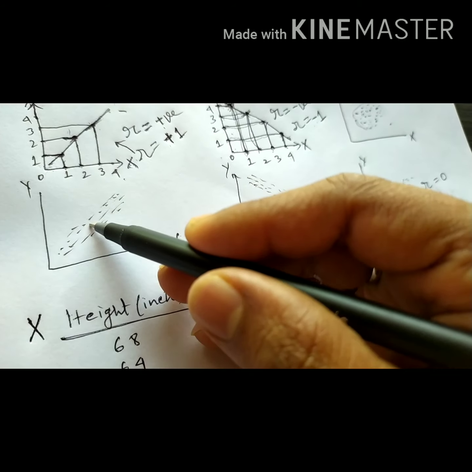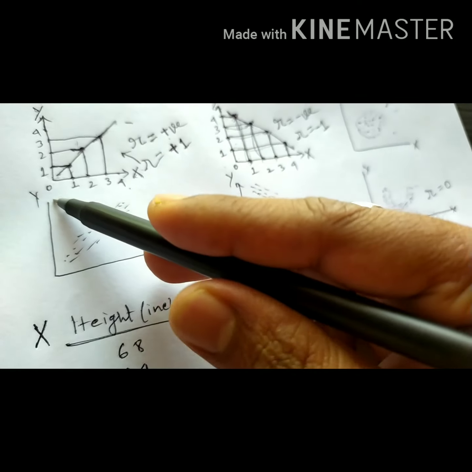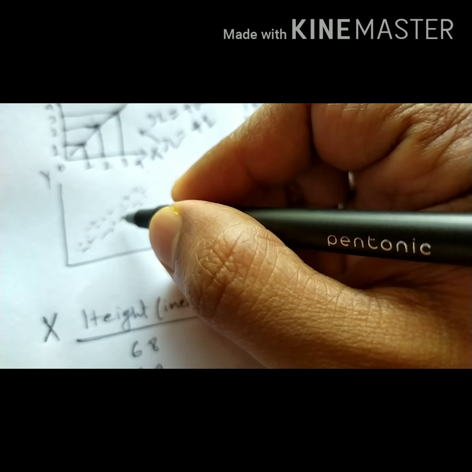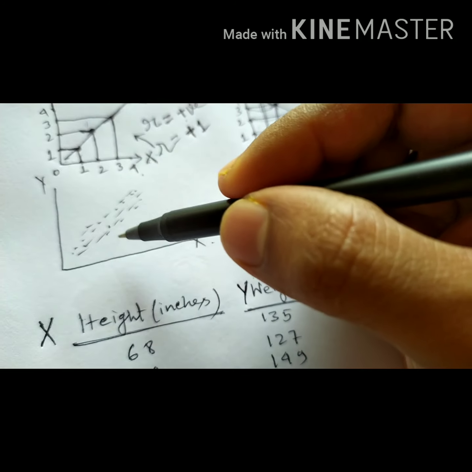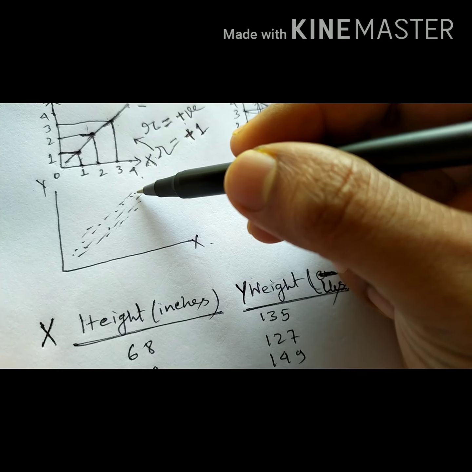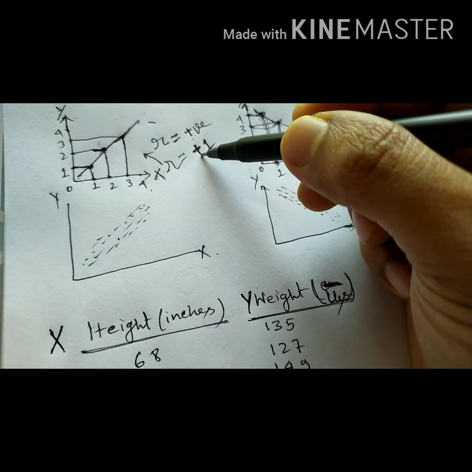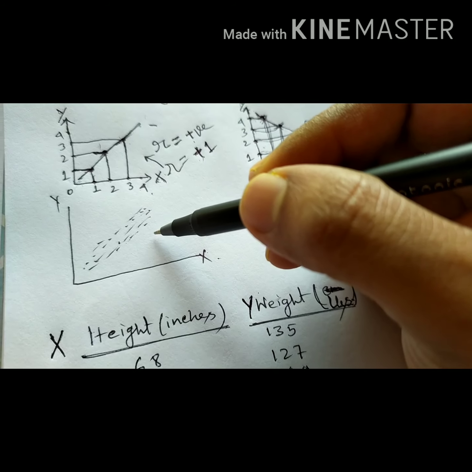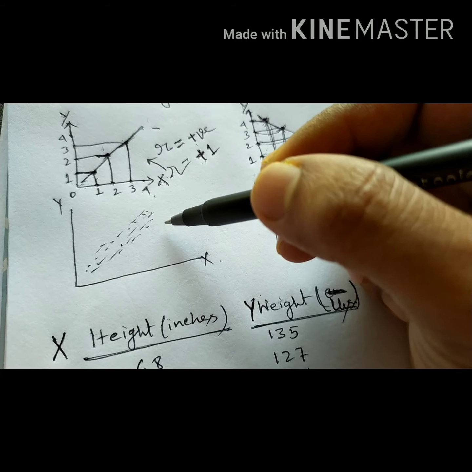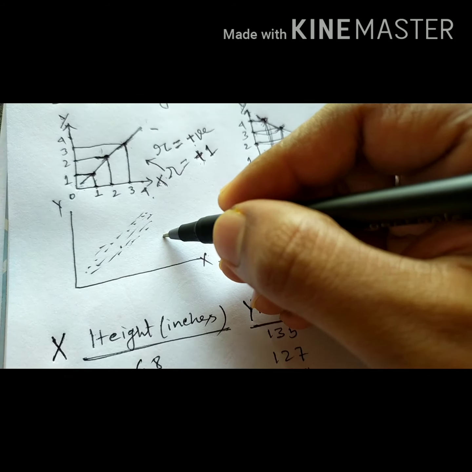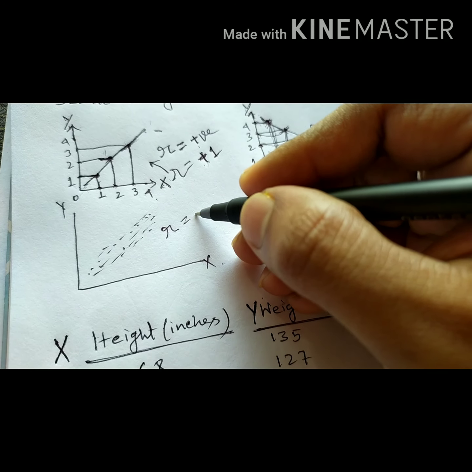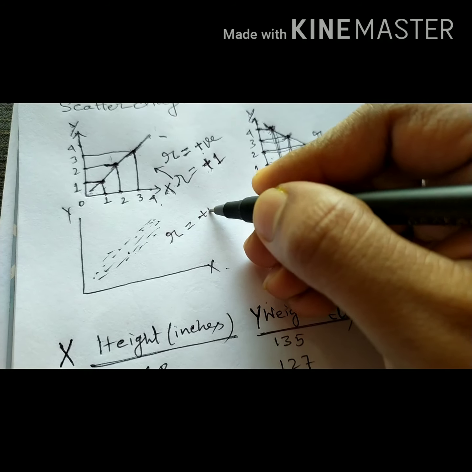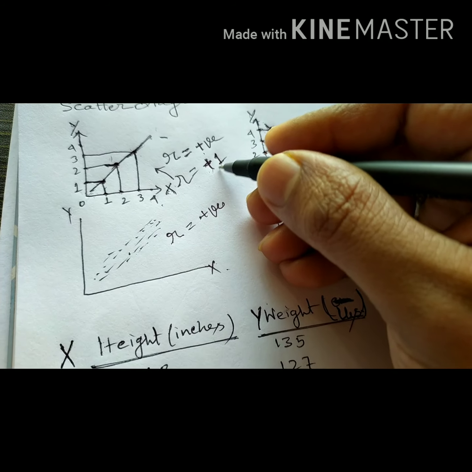Here we have seen the relationship between x and y indicating different points, and the tendency of x and y increasing is positive. But not exactly +1. We can say it is near +1, or tends to +1. So here the value of correlation between x and y is positive, but not exactly +1.